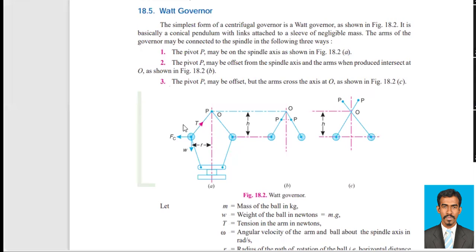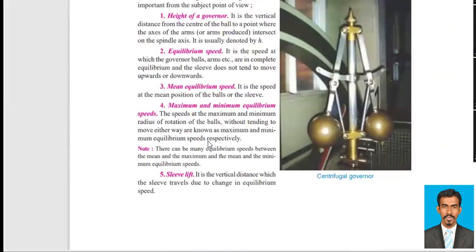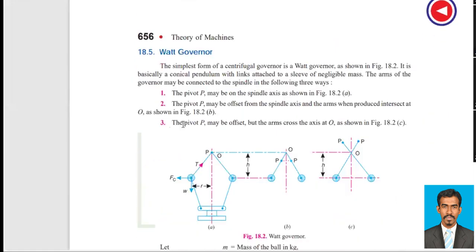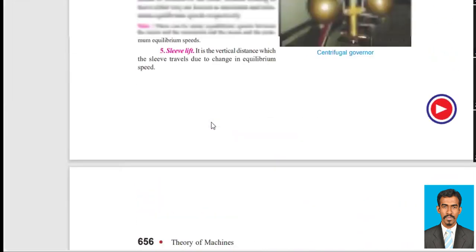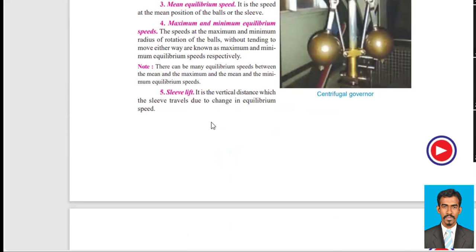If it moves that way, the radius will increase; if it moves this way, the radius will decrease. The minimum radius where the equilibrium can be achieved is the minimum equilibrium, and the maximum radius, somewhere here, is the maximum equilibrium. At these maximum and minimum positions, the balls won't tend to move either up or downwards.